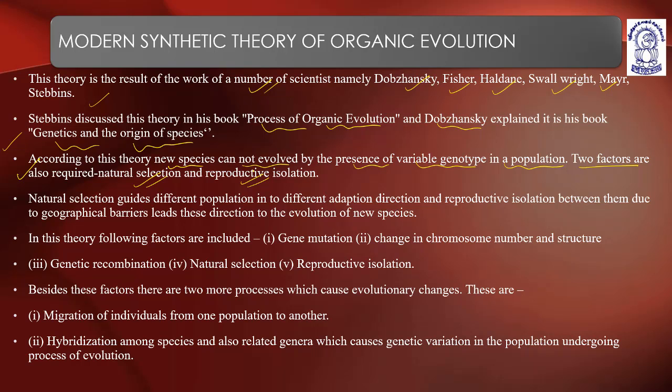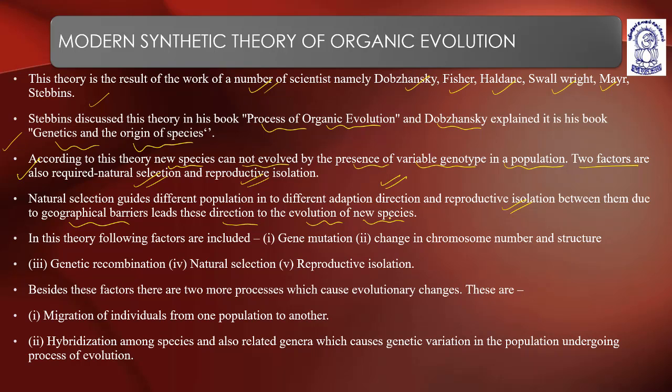So reproductive isolation and natural selection are the two factors responsible for the upcoming of new genotypes. Natural selection guides different populations into different adaptive directions, and reproductive isolation between them, due to geographical barriers, leads to the evolution of new species.